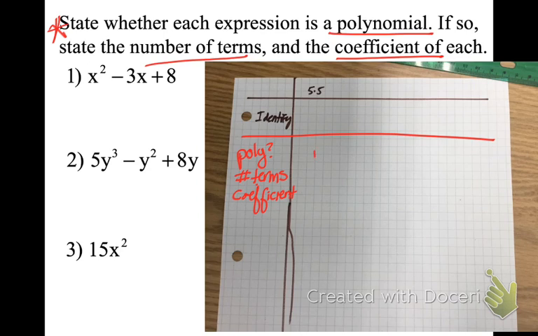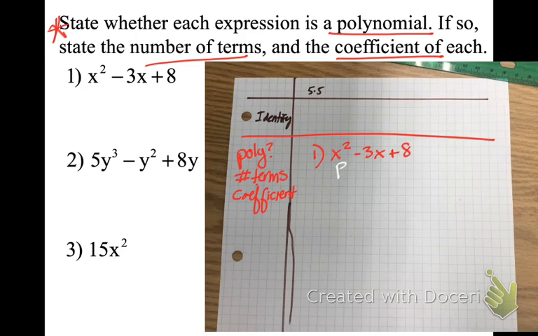So, on number 1, I'm going to write it x squared minus 3x plus 8. All right, so here's my first problem. Can you see the white? Yeah, okay. The first thing it says is identify if it's a polynomial. Is it?